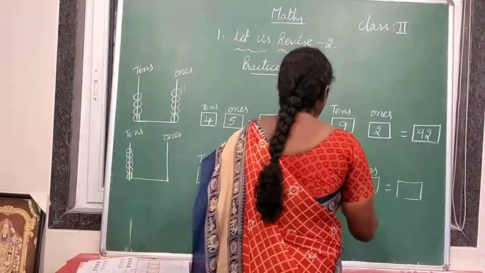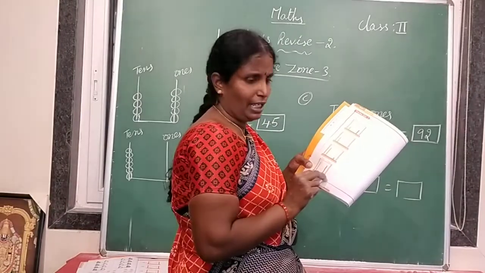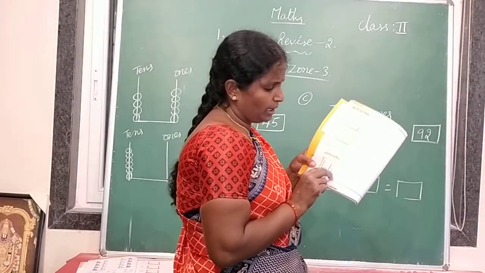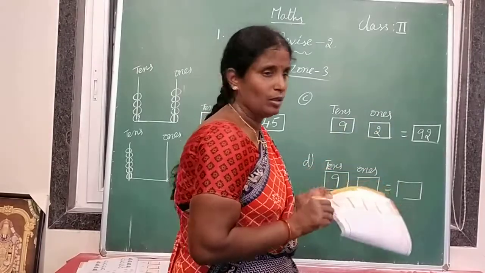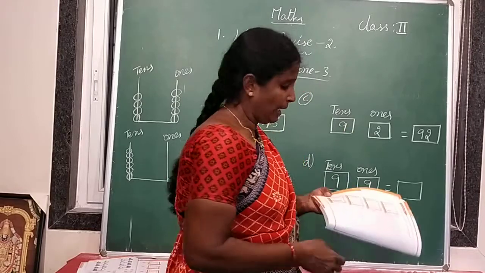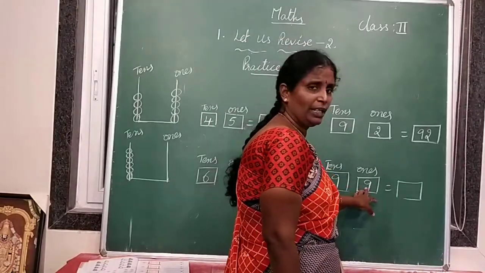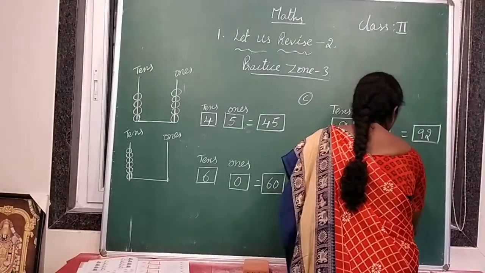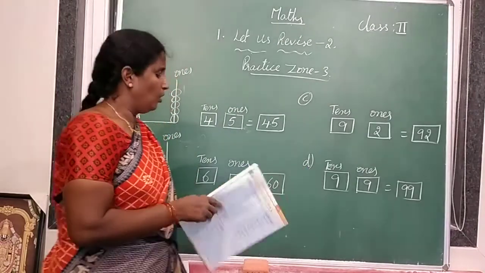So we should write 9 under tens place. And how many ones are there? 1, 2, 3, 4, 5, 6, 7, 8, 9 ones are there. So 9 under ones place. So it is 99. Understood for everybody? Okay.